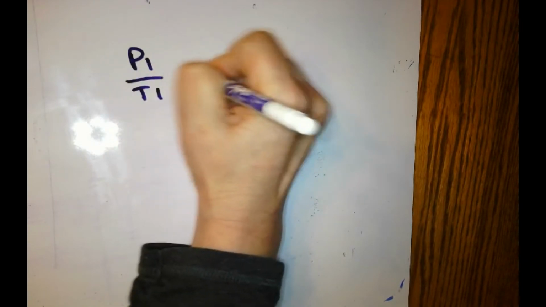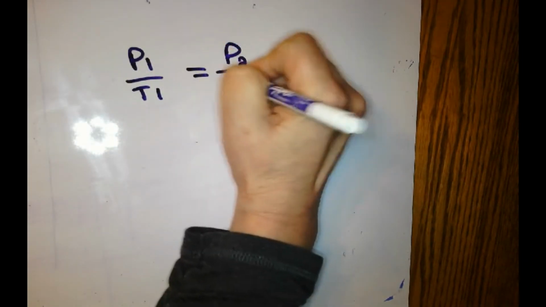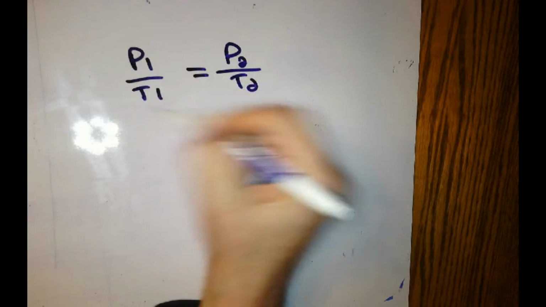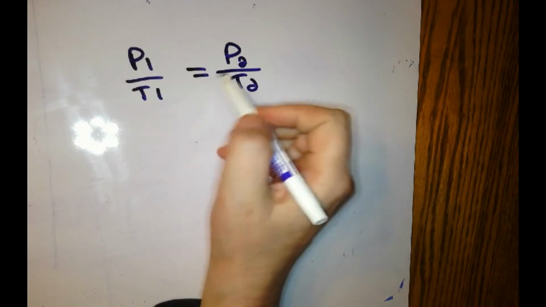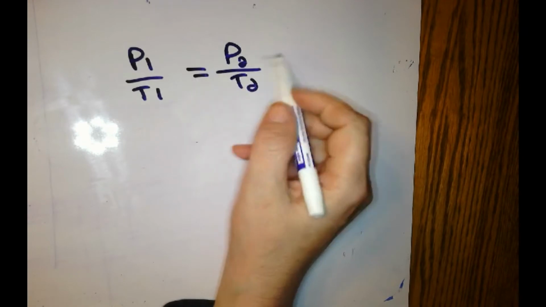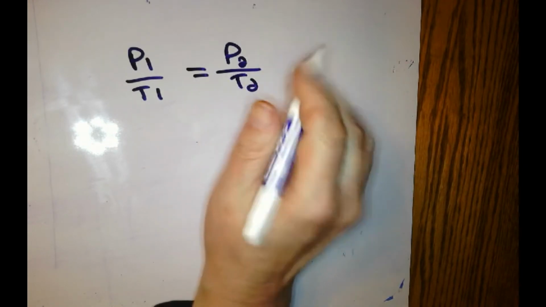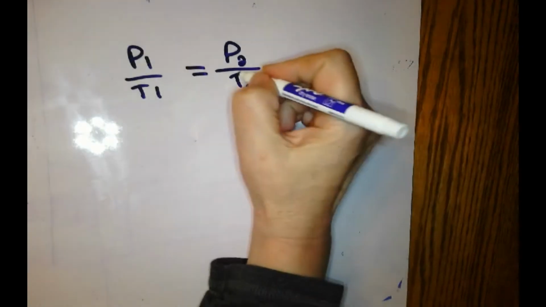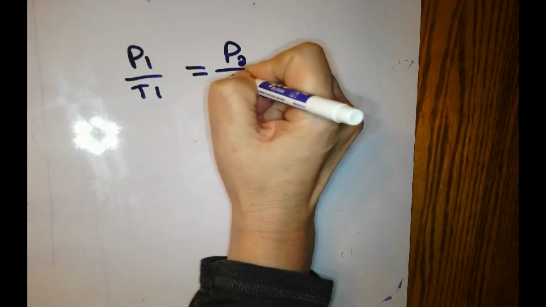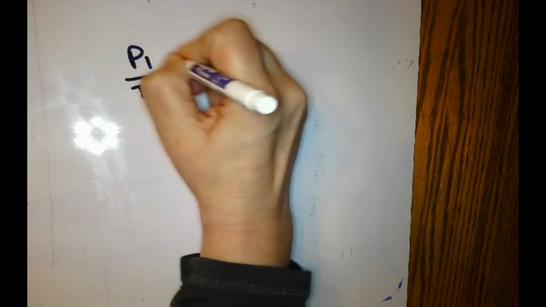I have P1 T1 equals P2 T2. Now notice there's no addition here. It's only if you're multiplying or dividing on both sides can you do this. As soon as you put an addition sign in there, sometimes it works, but I'm not going to get into all that right now. Okay, so if I want my T2 on top, I can move it diagonal right there.